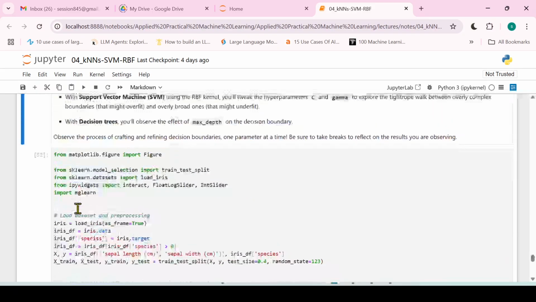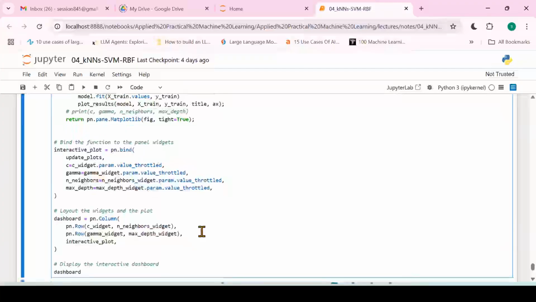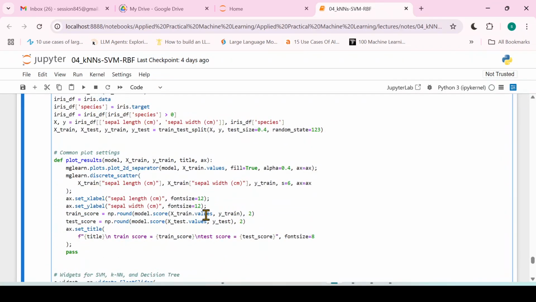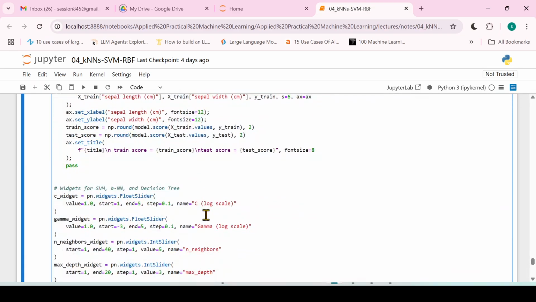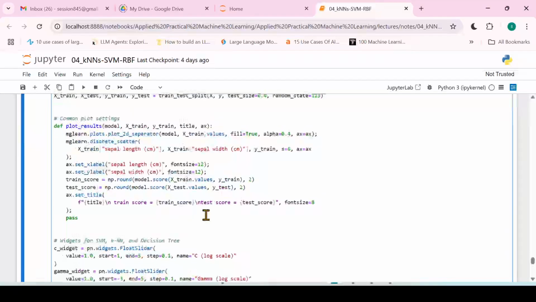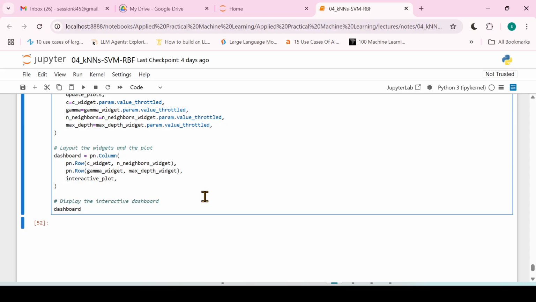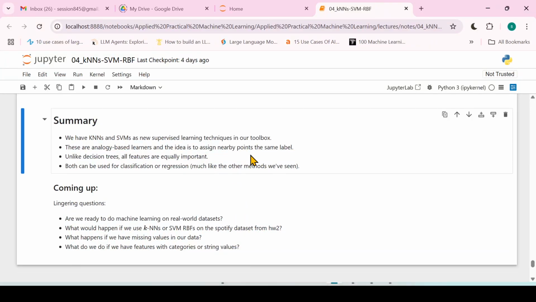If you want to play with it, you just need to run the code and it will display the interactive dashboard. Then you can test different hyperparameters and see which algorithm works best with them. Again, this is based on the iris data set, so you need to run it and try it once you get the file. And yeah, that's it.